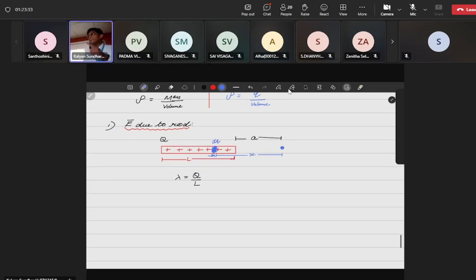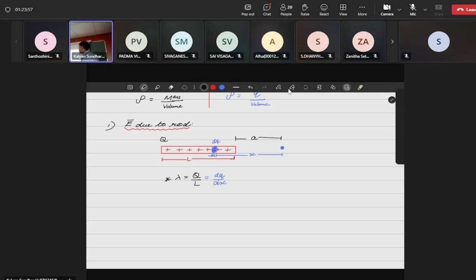And lambda will be equal to dq by dx. This will be valid only for a uniformly distributed charge, a uniform rod or uniform mass. Otherwise lambda and rho vary with the distance, and we have to integrate to find it.